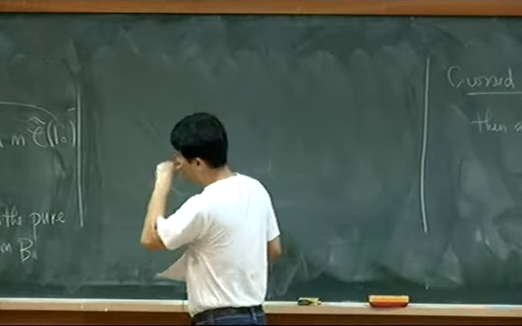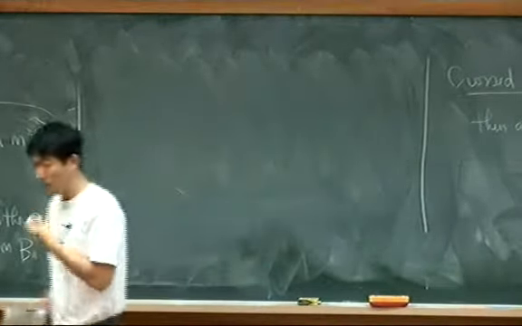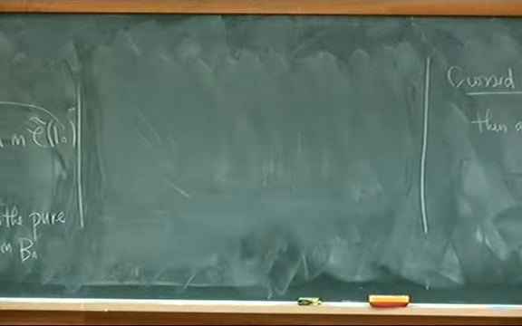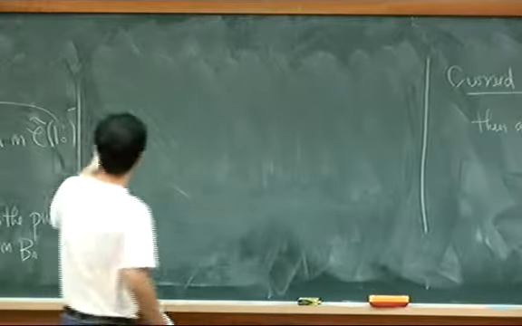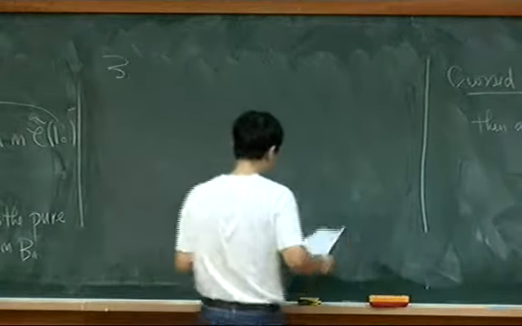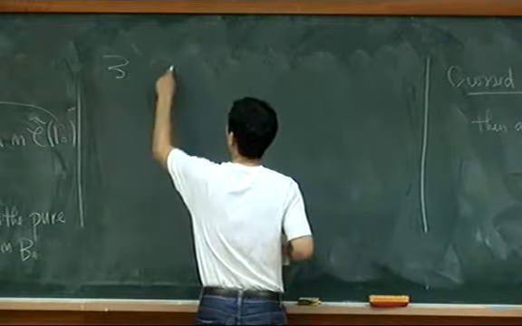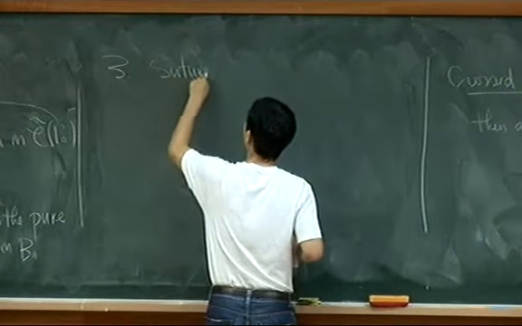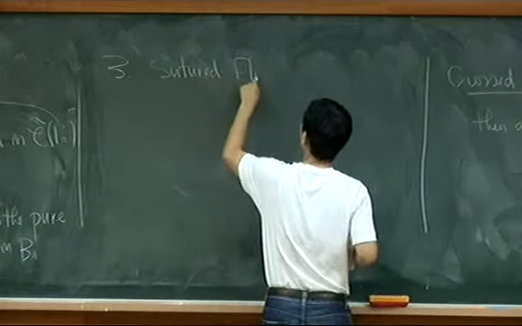Okay, so the next thing, is it part 2 or part 3? We talked about mapping class groups, so maybe part 3. Let me quickly talk about the sutured Heegaard Floer homology functor.